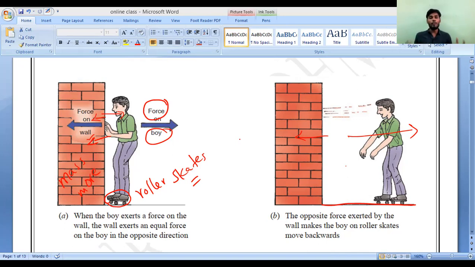So you will feel that the wall which is in front of us also pushes us, so the boy in this picture will move away. Or if I were there, I would also move away. So what is actually happening here is that when the boy exerts a force on the wall by pushing it with his hands in a forward direction, the wall also exerts an equal force on the boy.